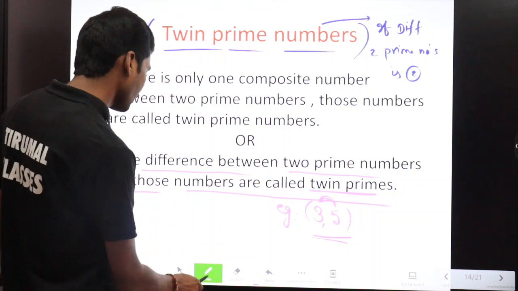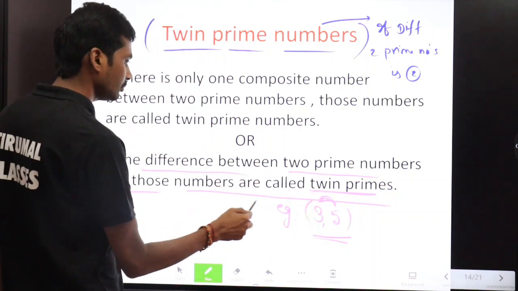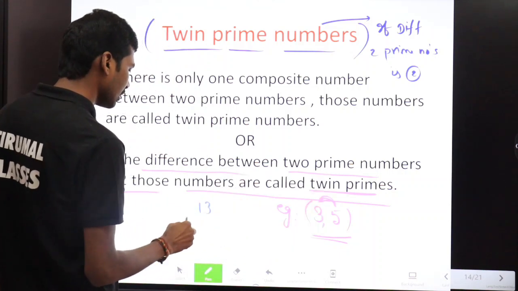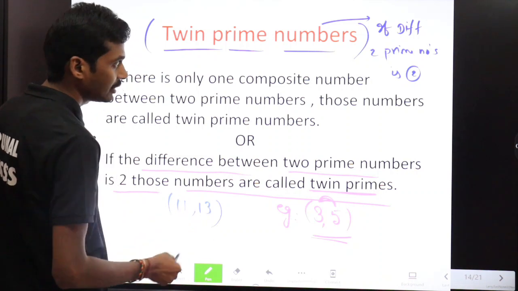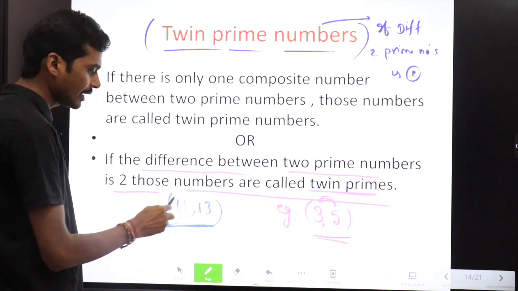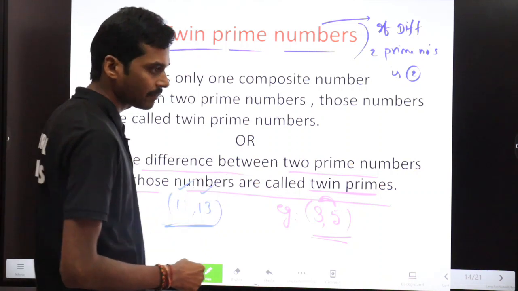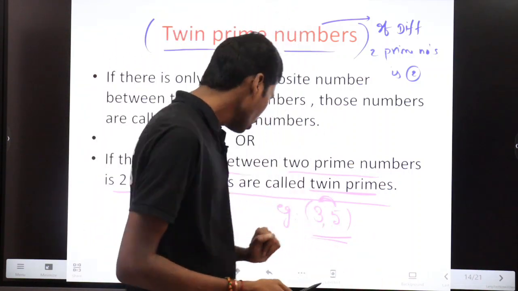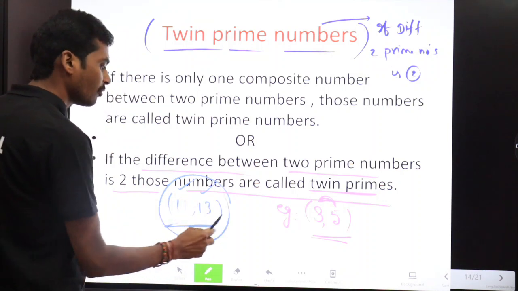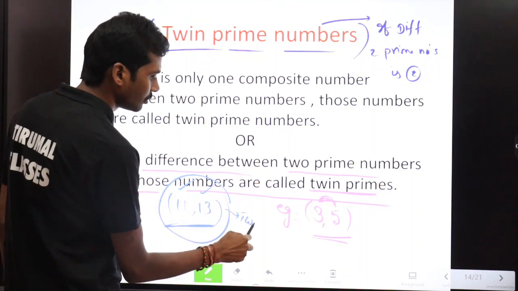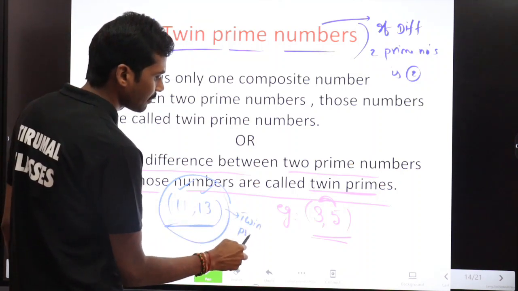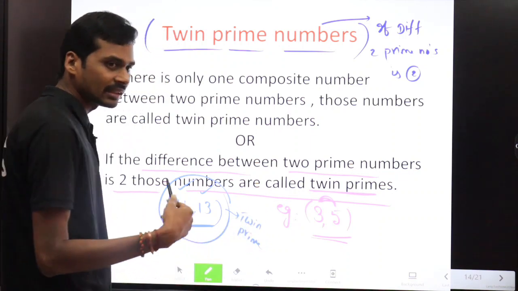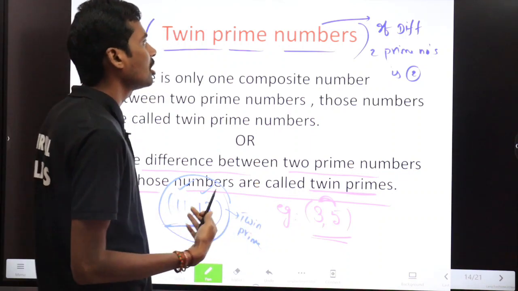Similarly, suppose I take another one, 11 and 13. 11 is a prime number, 13 is a prime number. The difference between 11 and 13 is 2. So 11 and 13 are twin prime numbers. You can take 17, 19, all these are called twin prime numbers.